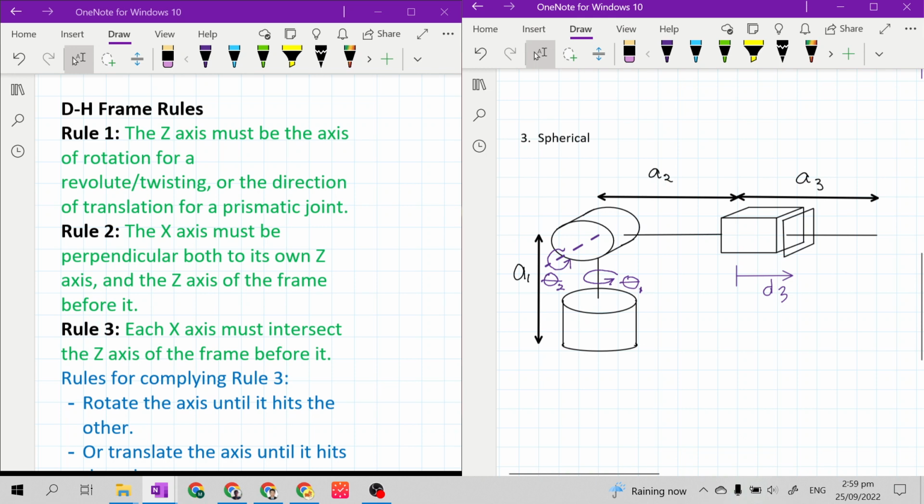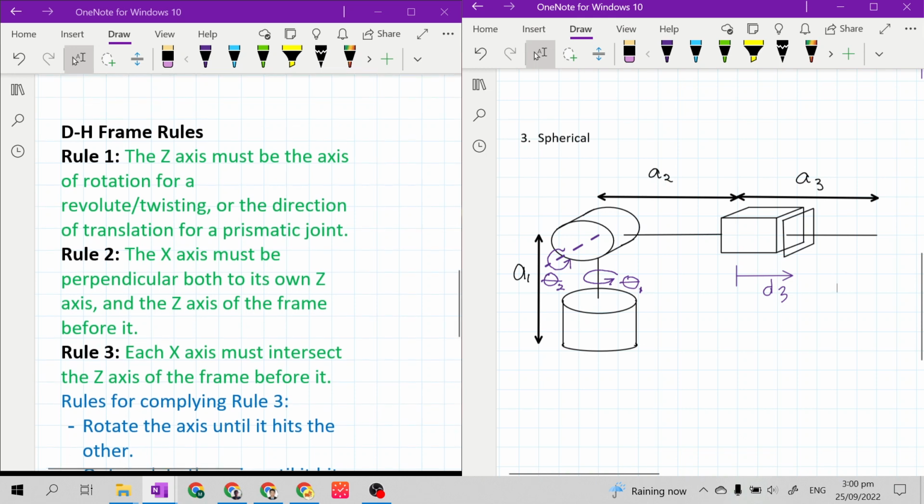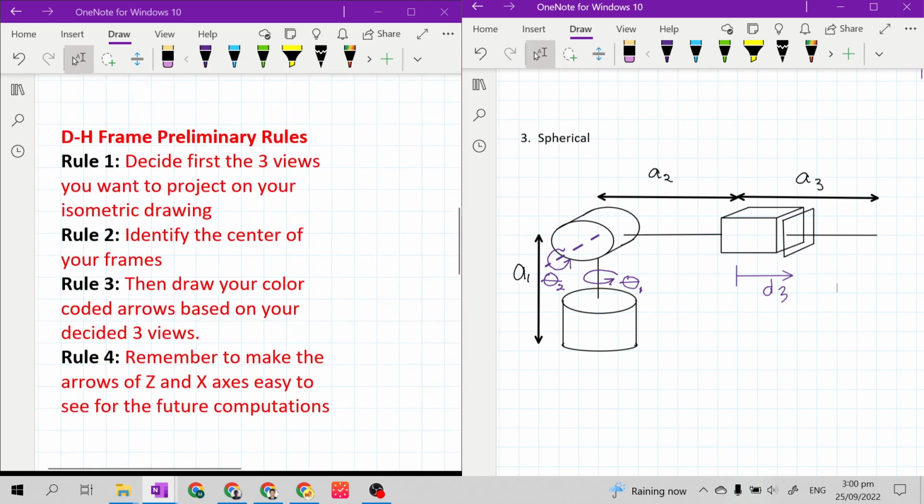Now for the DH frame rules. Okay. Or for our DH preliminary rules, let's first choose our center of frame. For the base, the center will be located at the center of gravity for the base.